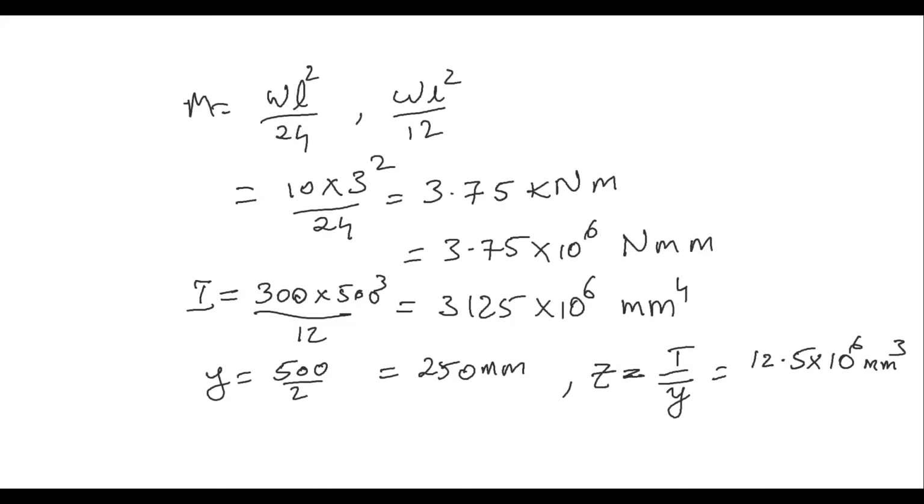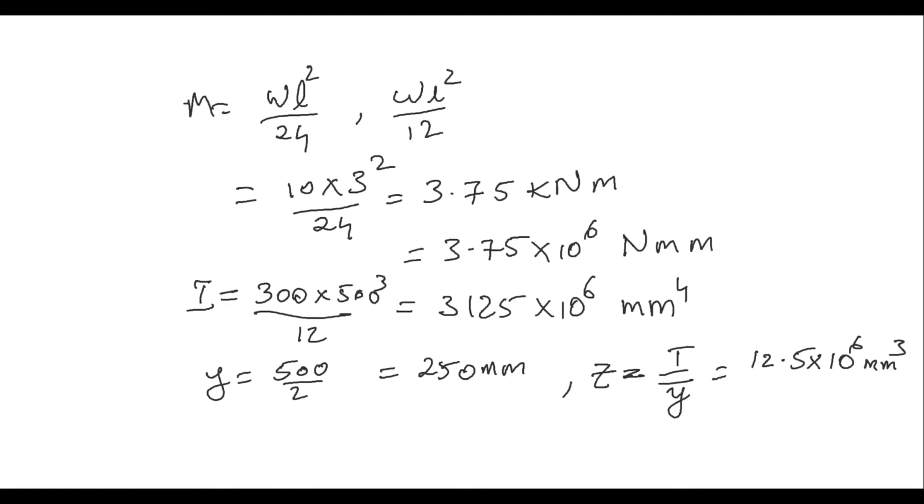Finally, if you substitute in all this Z and M value, what is the f value? So f equals M by Z. Now what is f value? You know M equal to 3.75 into 10 power 6 divided by 12.5 into 10 power 6.